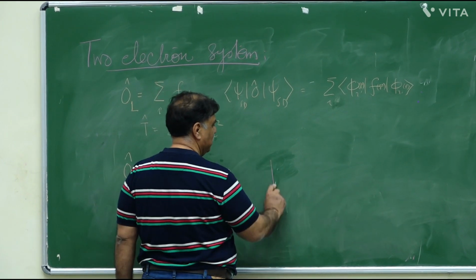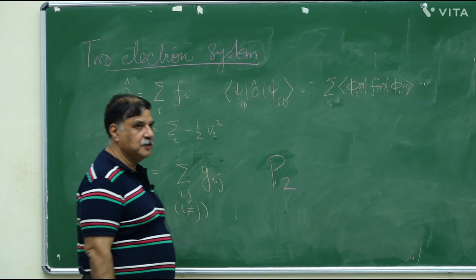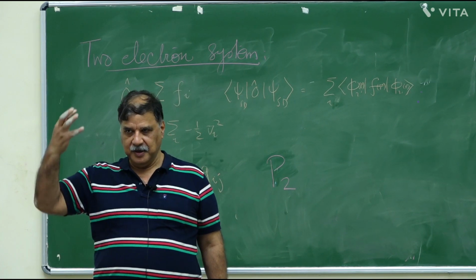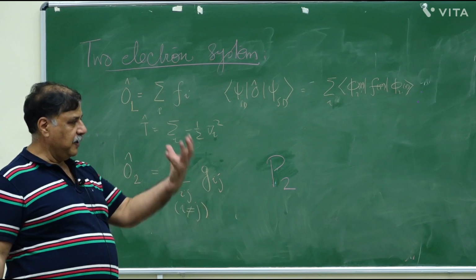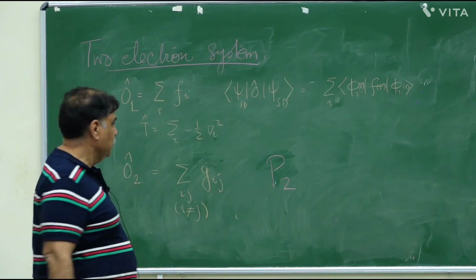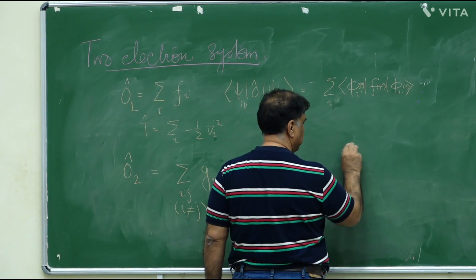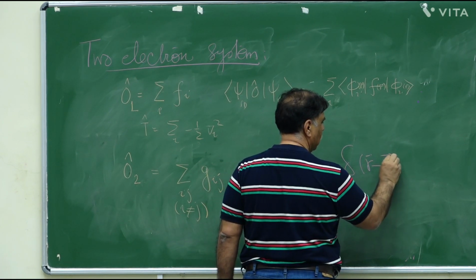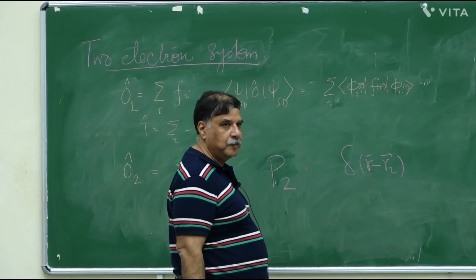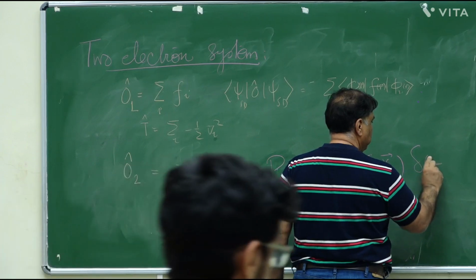So, I'm going to calculate P2, which is the probability of finding a particle at some point r prime if I locate one particle at r. So I'm locating one particle at r, trying to find another particle at r prime.